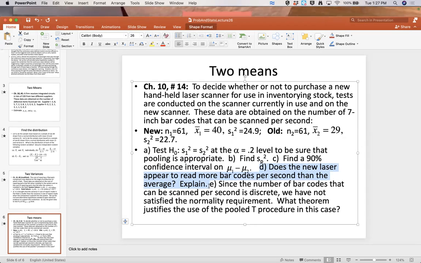It appears the new laser reads more barcodes per second than the old. If it did not contain just positive numbers, but also positive and negative numbers, you would say no, it does not appear to necessarily read more barcodes per second.